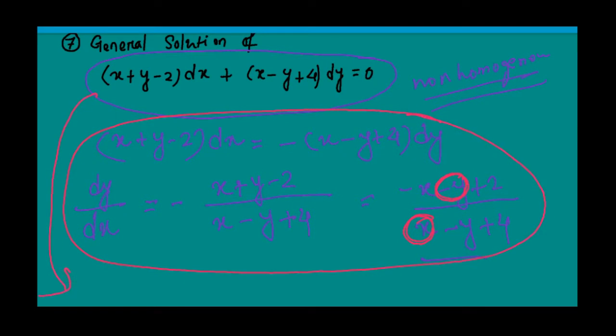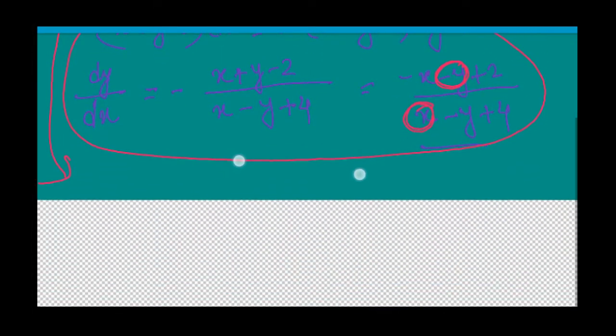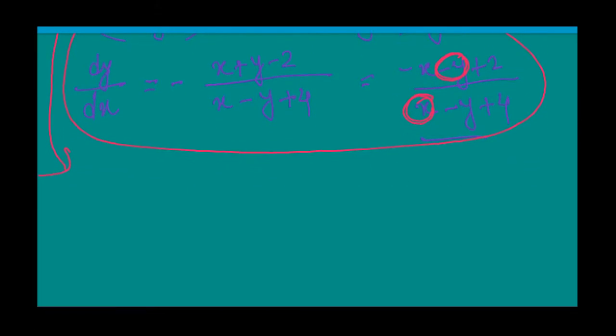From the initial equation we will do x dx + y dx - 2 dx + x dy - y dy + 4 dy = 0.